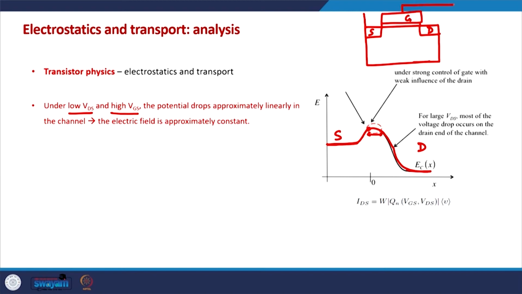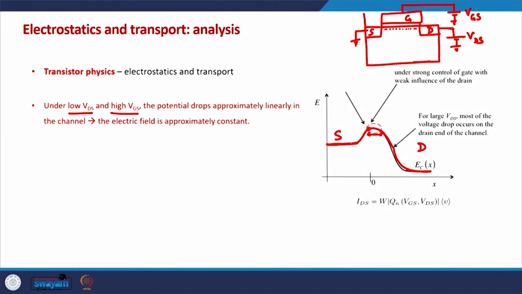Because of the gate voltage, if we consider NMOS, there is a channel of electrons just below the gate terminal, but the VDS voltage is very low.